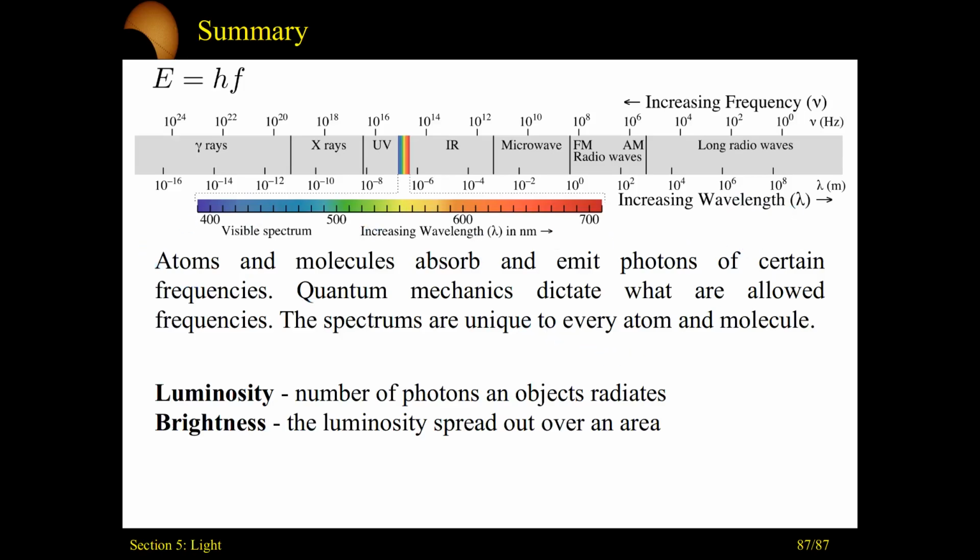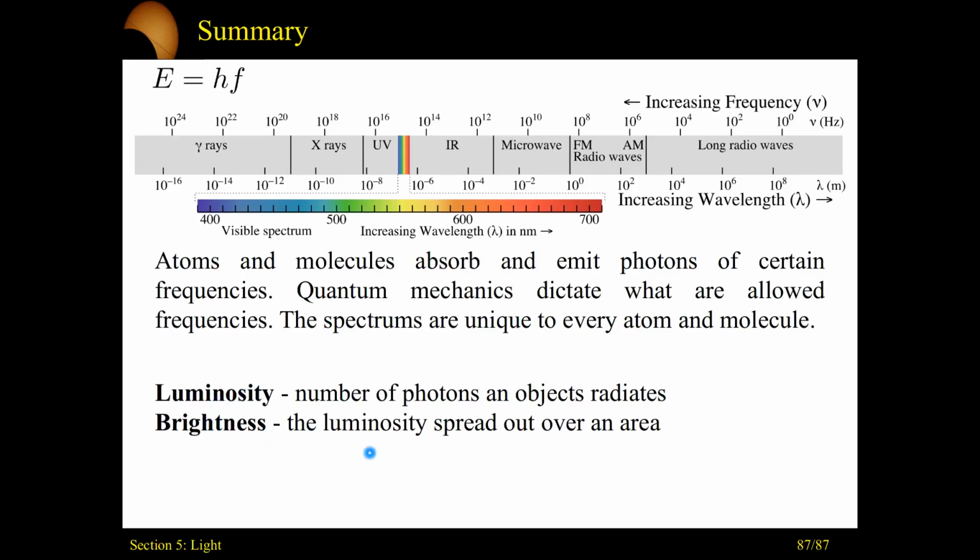And all atoms can absorb or emit photons that obey their specific properties. These are quantum mechanical properties in nature. And the analogy we want to use is to think about bookshelves. Each atom, each molecule has unique shelves, unique energy levels, and photons must match those energy levels to be absorbed or emitted by that atom.